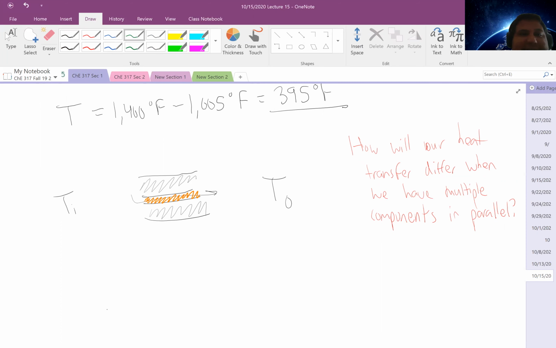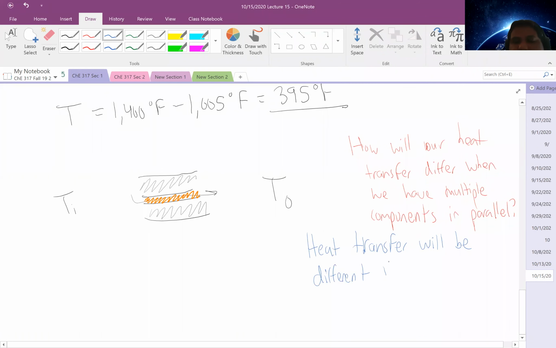So I will definitely agree and argue that heat transfer will be different for each layer in parallel.